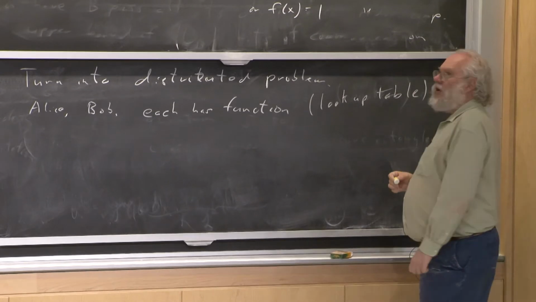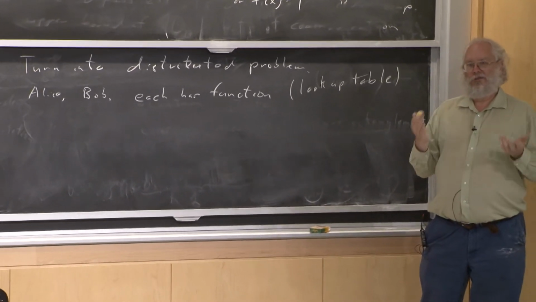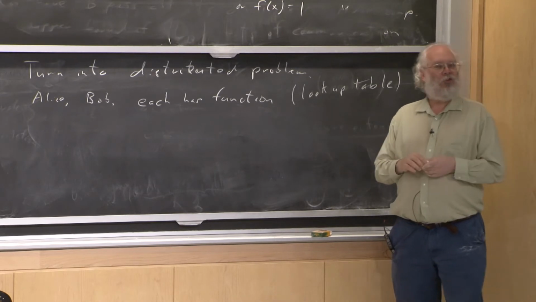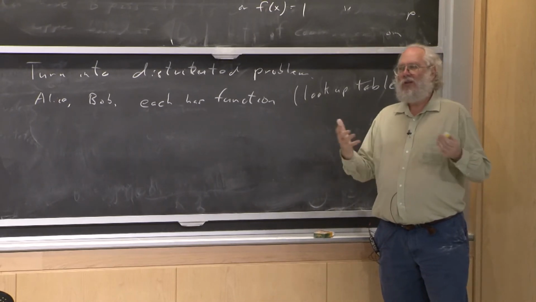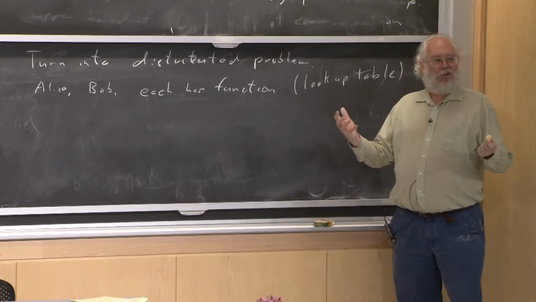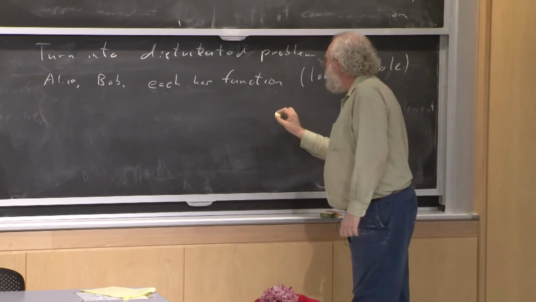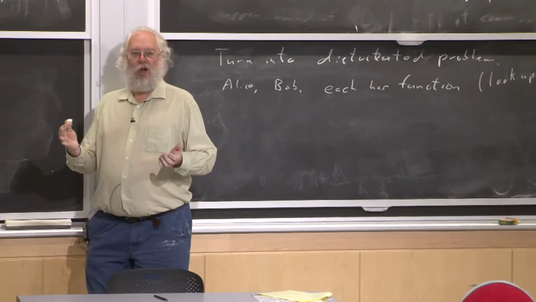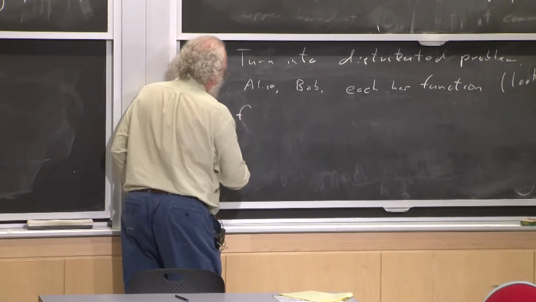Which means we want the lookup table to fit in the size of their memories, and if their memories are, say, n qubits, then the function is going to be on log n qubits.